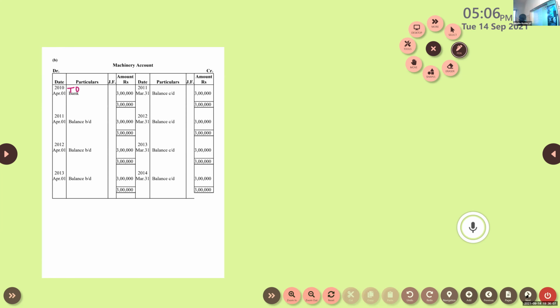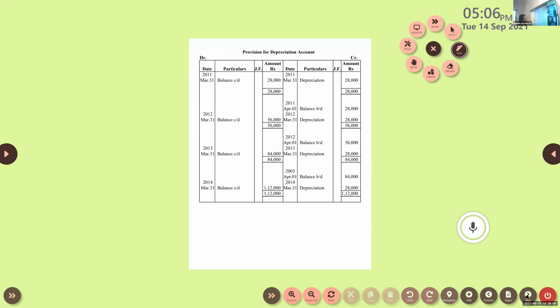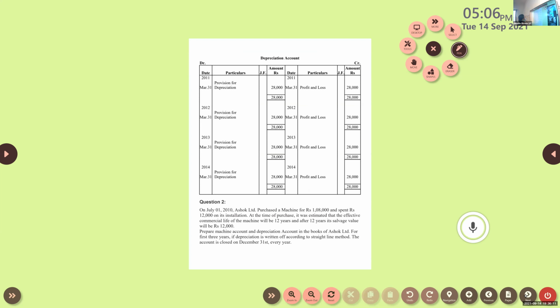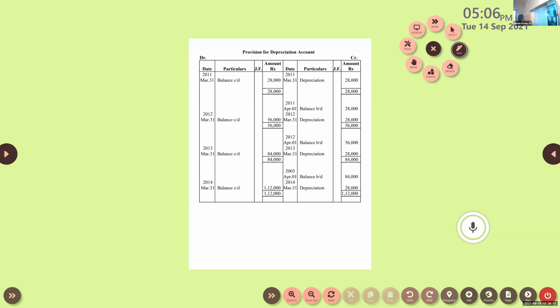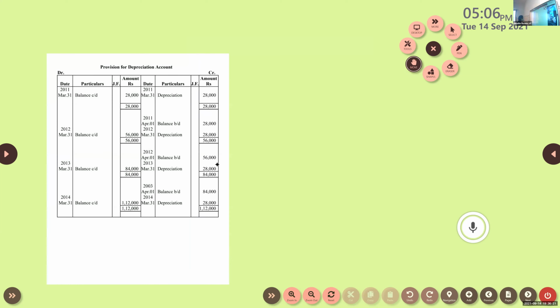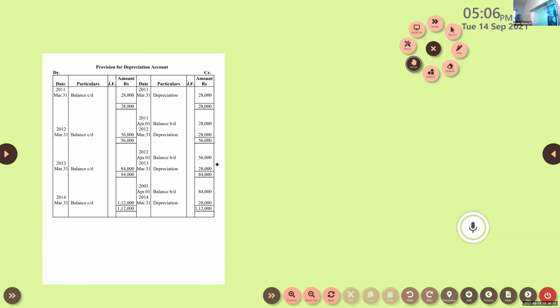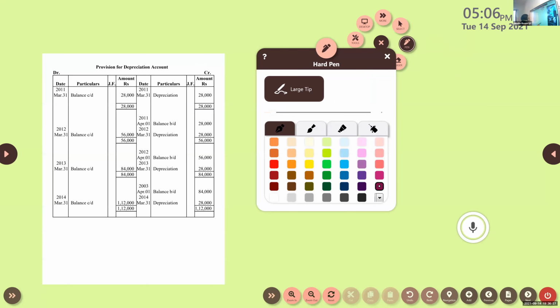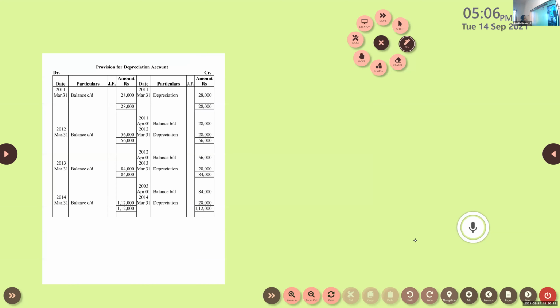Now let's see the provision for depreciation account. How to prepare provision for depreciation account? What is the journal entry? Alan Shibu, tell me what is the journal entry? The second method, first journal entry.